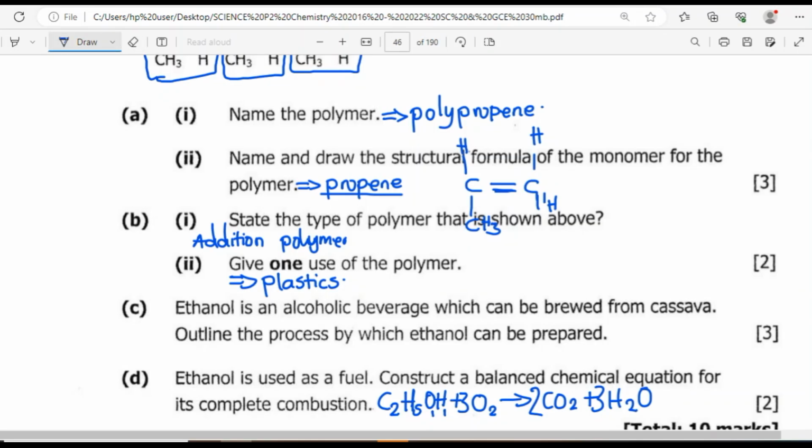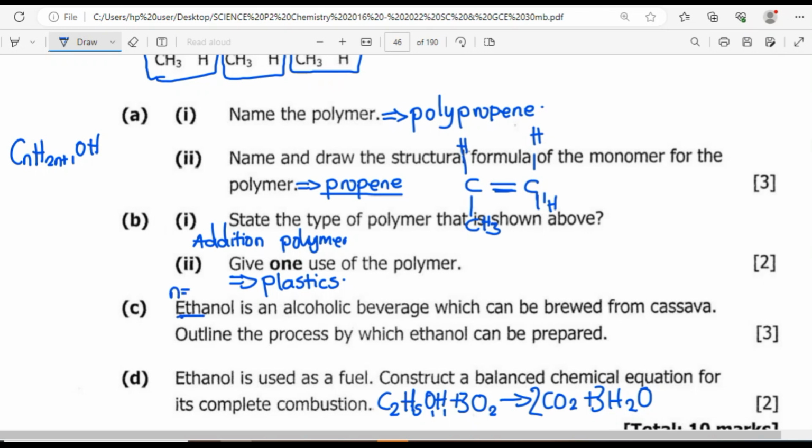Okay, so if you maybe forget this chemical formula for ethanol, at least you should be able to remember the general formula for alcohols, which is CnH2n+1OH. Then from ethanol you get eth.